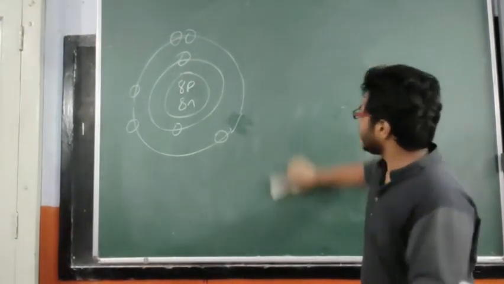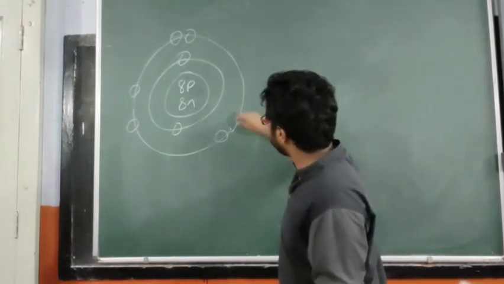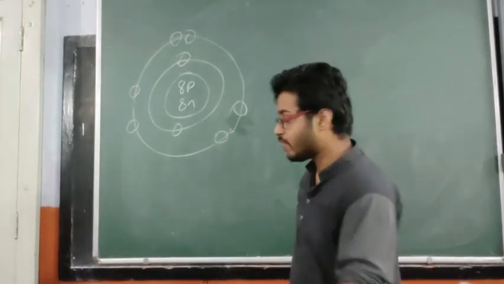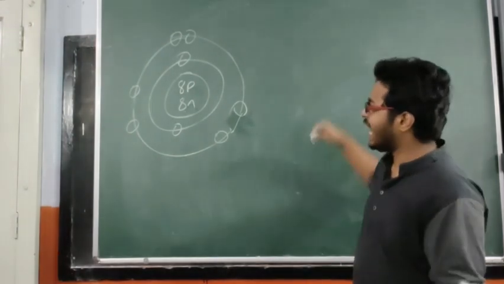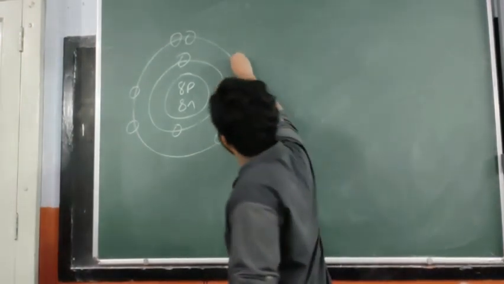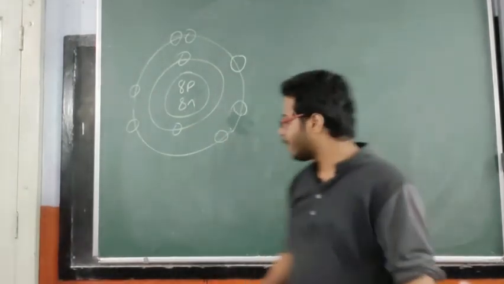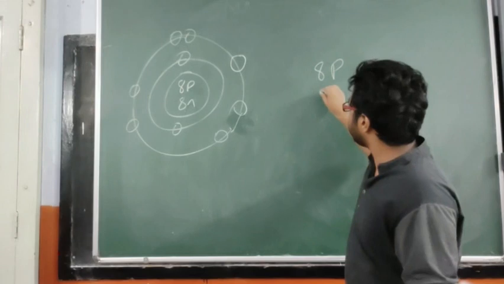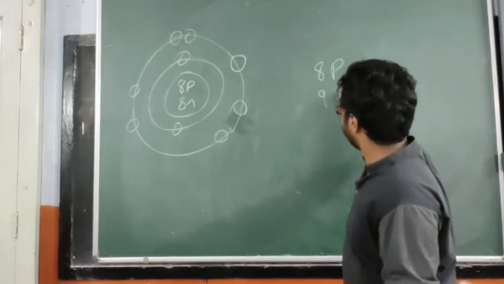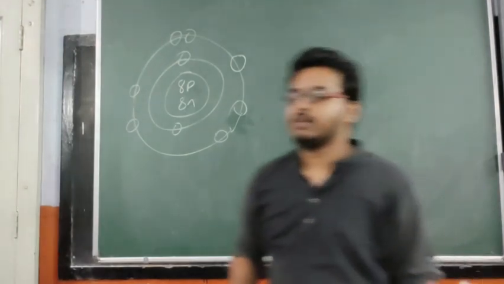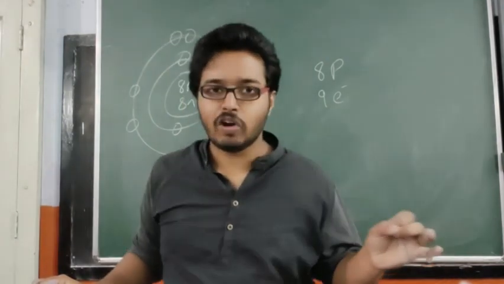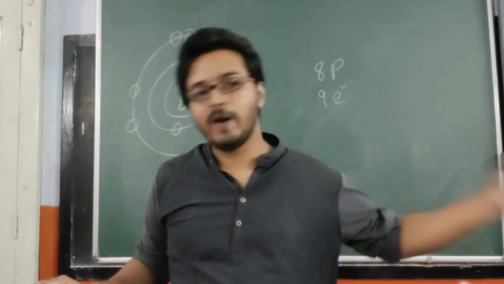Now, we just talked about removing one electron from the outermost shell of an atom. What if we added an electron? Here the total number of protons is 8, and the total number of electrons is 9. Earlier, 8 protons attracted 8 electrons. Now they have to attract one more electron.